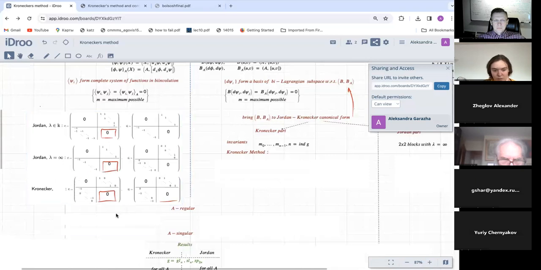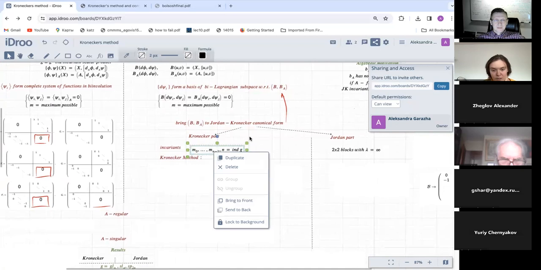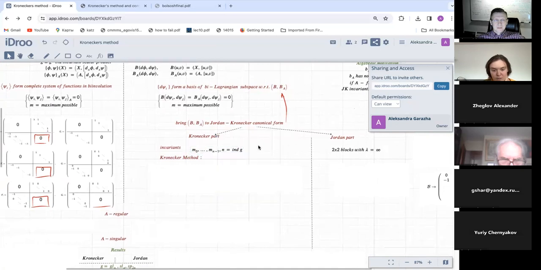A Kronecker block is always of odd dimension, and half of it is called the Kronecker index. So one of our goals would be to find these indices.